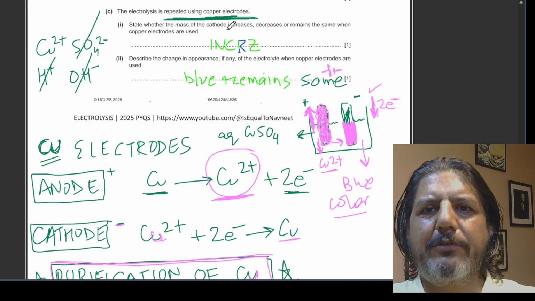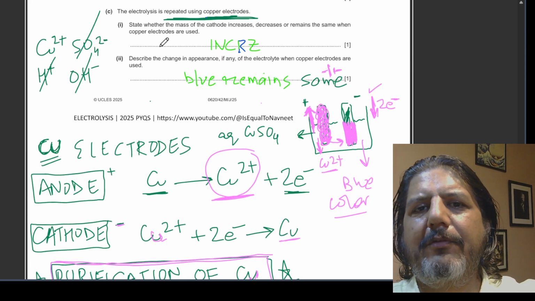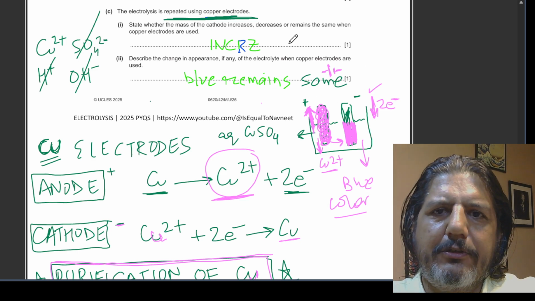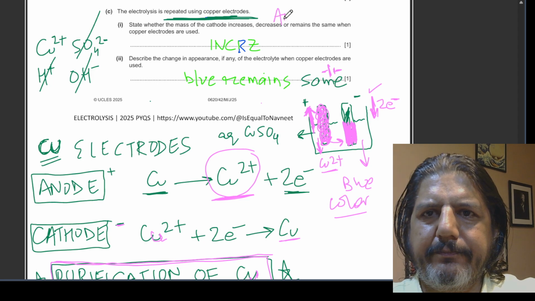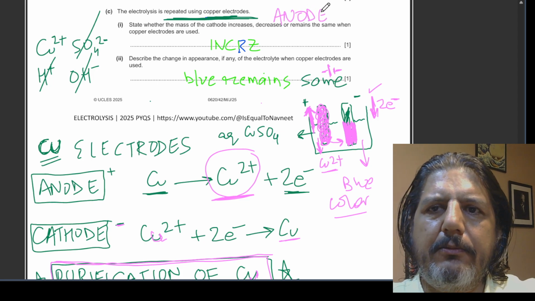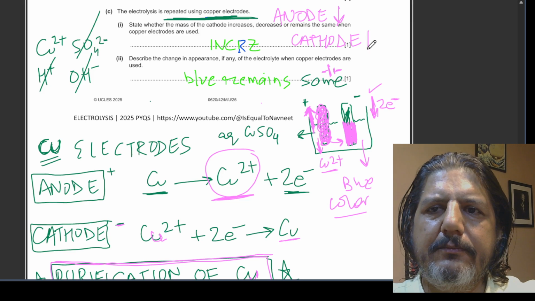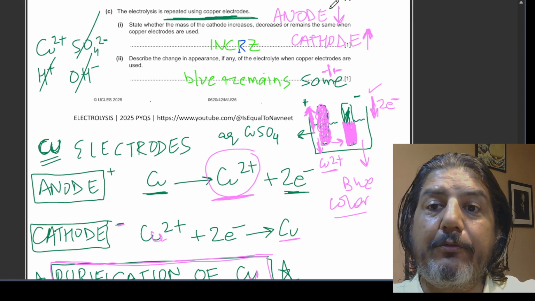State whether the mass of the cathode increases, decreases, or remains the same when copper electrodes are used. Of course, the mass of the anode will decrease. The mass of the cathode will increase. I've told you the anode would be the impure part.